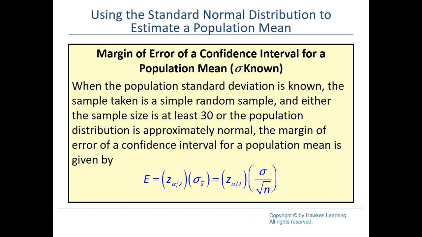Now, how do I calculate the margin of error of a confidence interval where we know the population standard deviation? This will change based upon whether or not I know the population standard deviation, so make yourself a note of this.